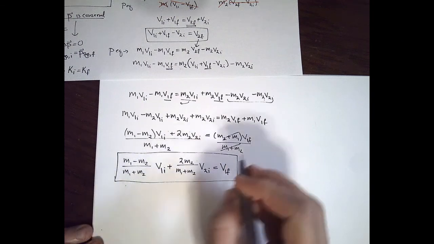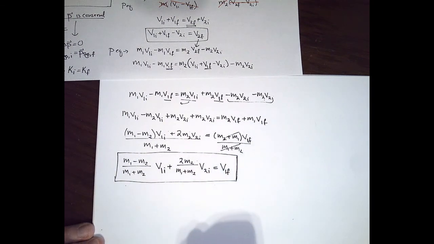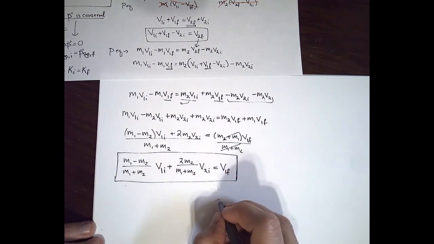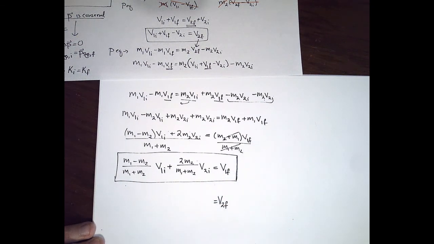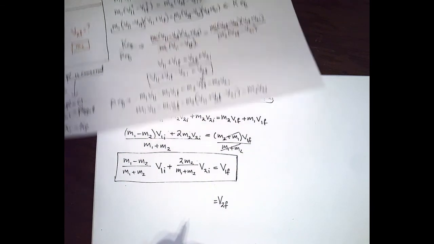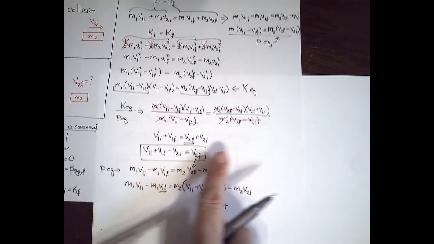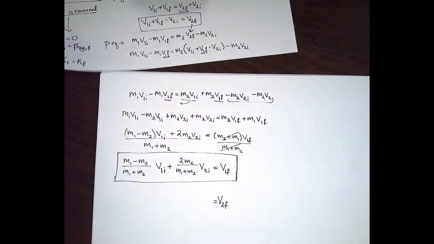And I will say that I highly recommend that you go find the expression for the final velocity of the second mass, doing the same thing that we just did. You can start from here and then sub into the momentum equation.